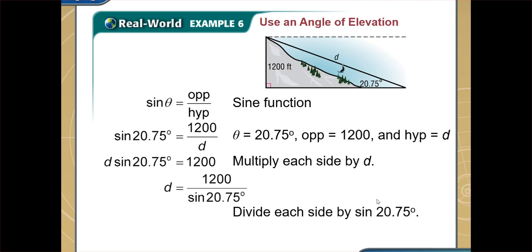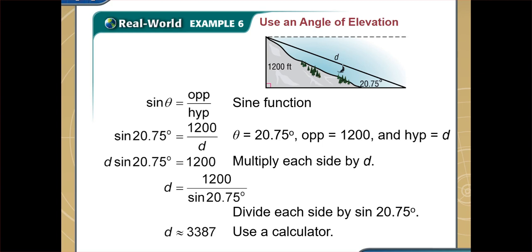So the next step, we divide each side by sine of 20.75 degrees. Now you have d equals this whole fraction, and you put it in your calculator. It will be about 3,387 feet. So that could be the length of the cable.